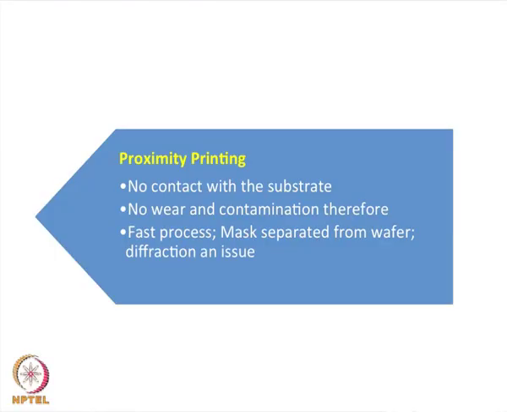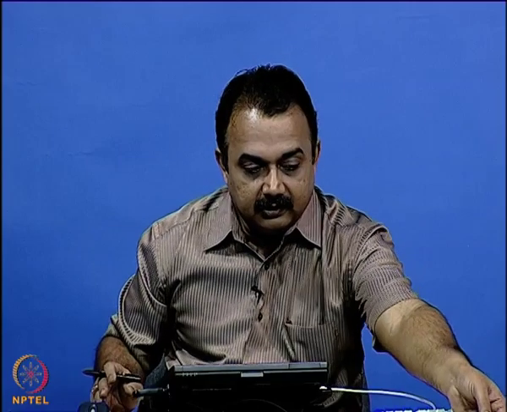Proximity printing, on the other hand, the next point that you see here, which is typically not used in the PCB industry today, but used in the semiconductor industry, where the mask will not touch the surface of the substrate. There will be a small gap, a very small gap, typically about 15 microns to 20 micron gap between the mask and the substrate.